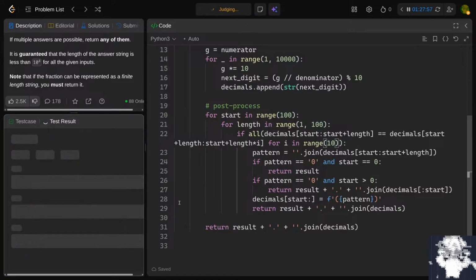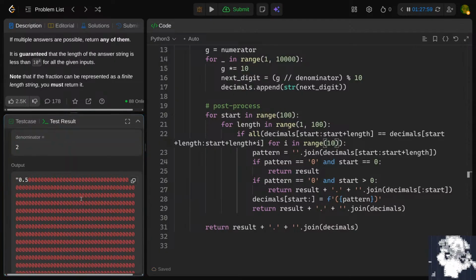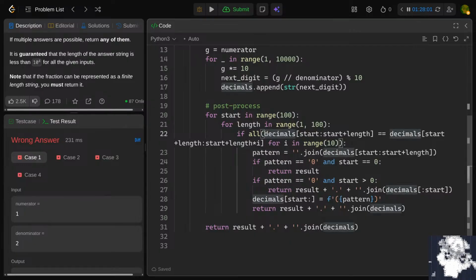How about 10? So if the beginning part is equal to start plus length times I up to I plus 1.